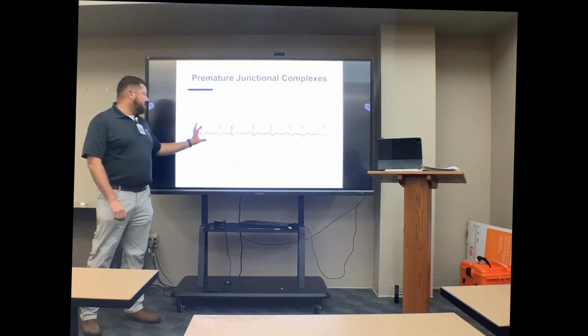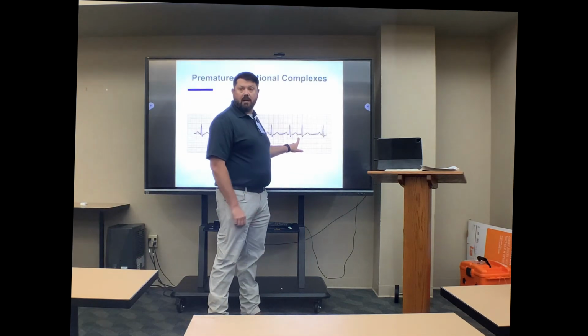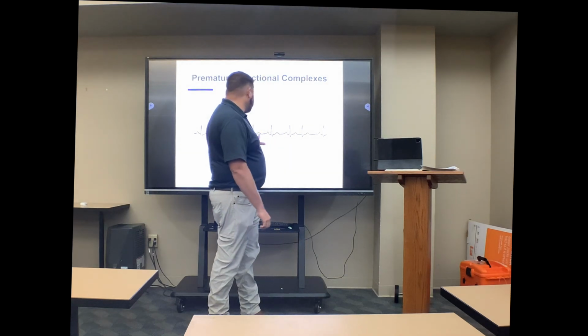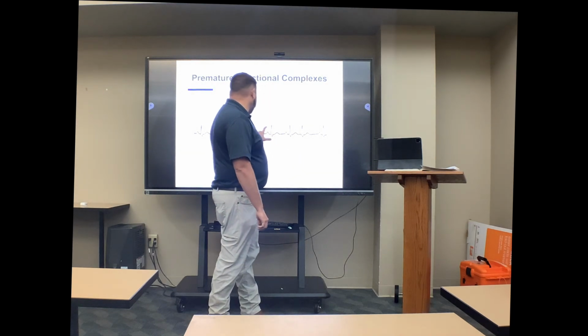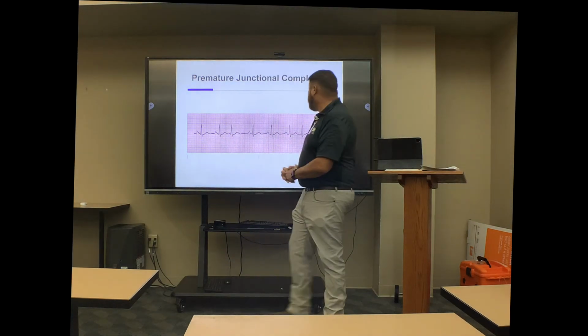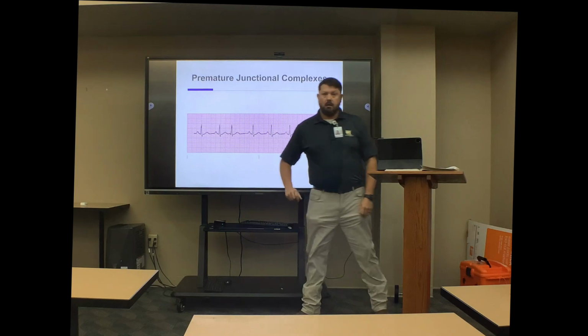I've got to determine a pattern first, right? Because you've got a PJC right there and a PJC right there. But now look at my T waves. They all look the same across the board. Look at my QRSs. They all look the same across the board. There's no convergence or merging of a P and a T. So this is going to be a definite PJC. All right?